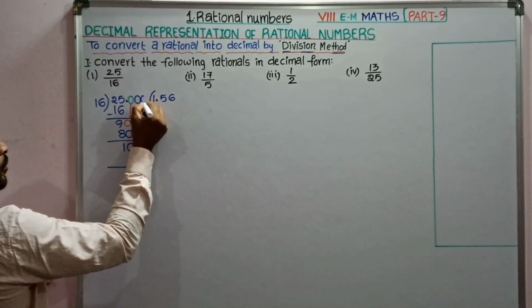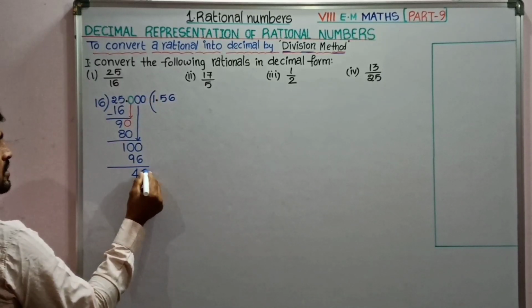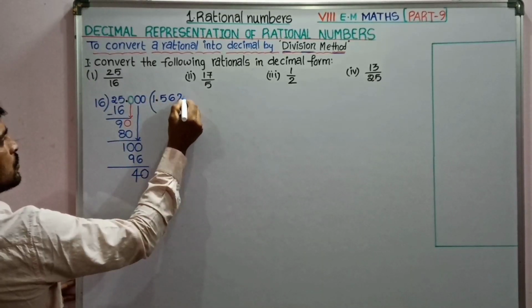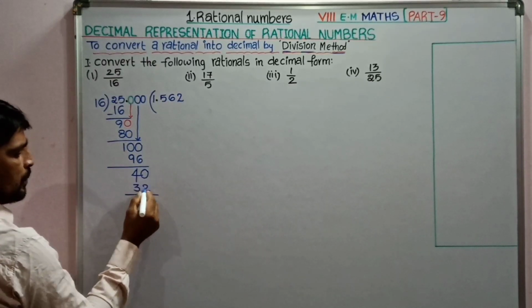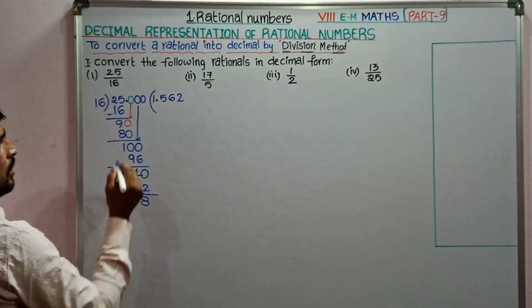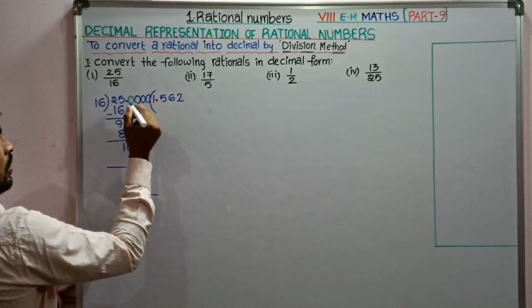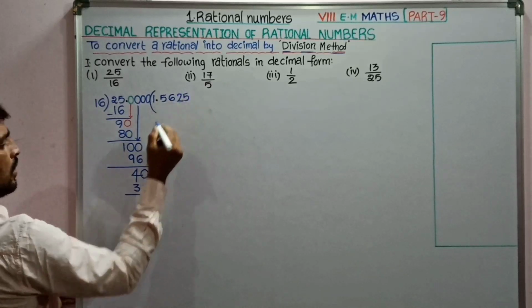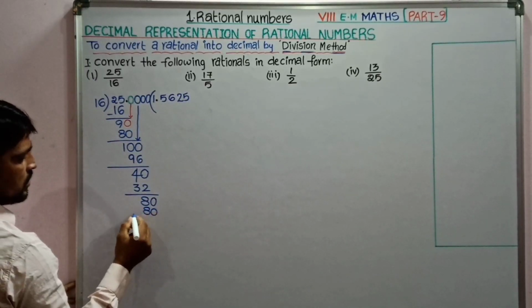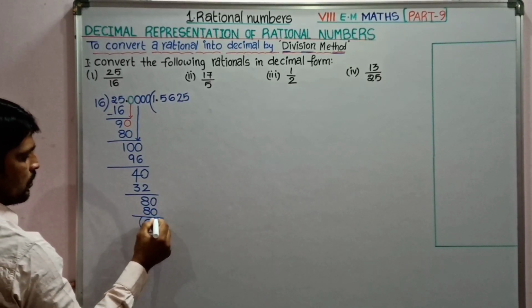In the same manner, put a 0 and drop the same 0 here. 16 2s are 32. The remainder is 40 minus 32, which is 8. Put a 0 and drop it here, 80. 16 5s are 80. The remainder is 0.